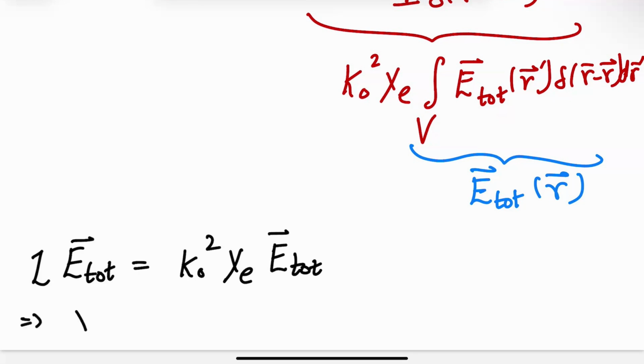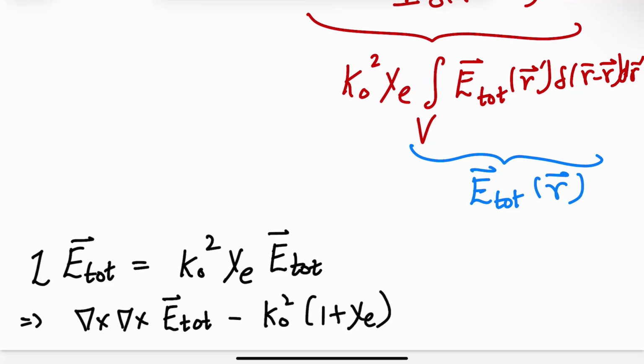This means that curl curl of E total minus k naught square, 1 plus chi, E total is equal to 0. And this term here is k squared. Okay, that's what we wanted to prove. So that completes the proof.